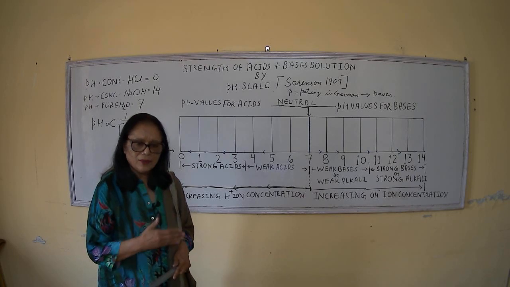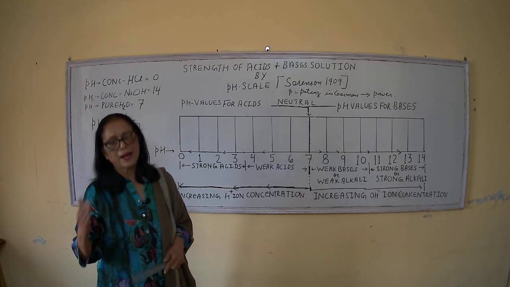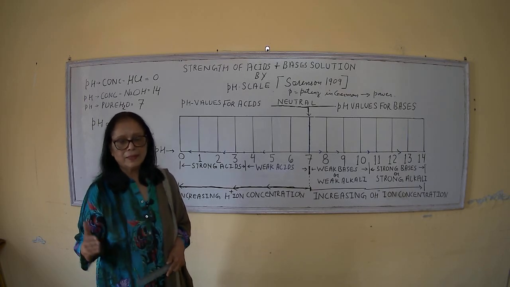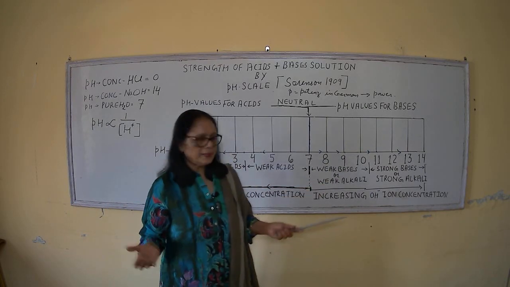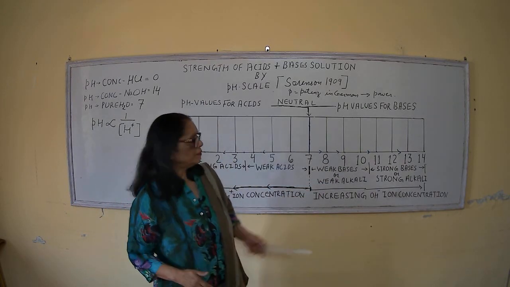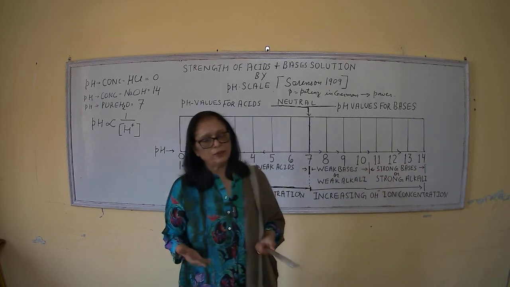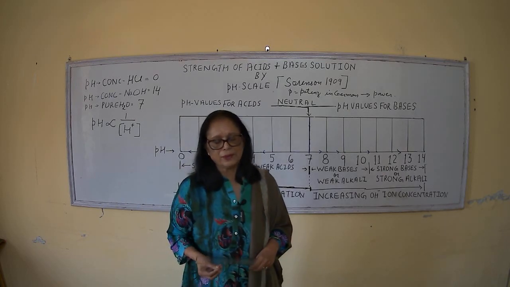On the other hand, the concentration of OH ion, that is hydroxide ion, will increase, and this hydroxide ion will make the solution basic. 8, 9, 10 are weak bases, and if you increase the pH value up to 14, you get the strongest base, that is sodium hydroxide.